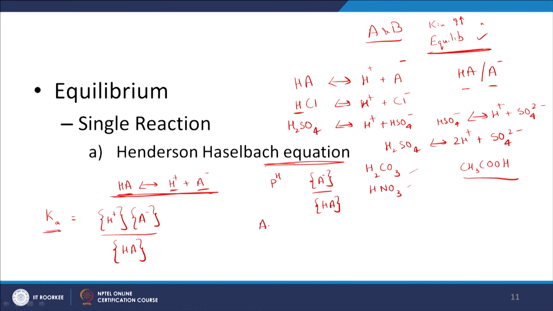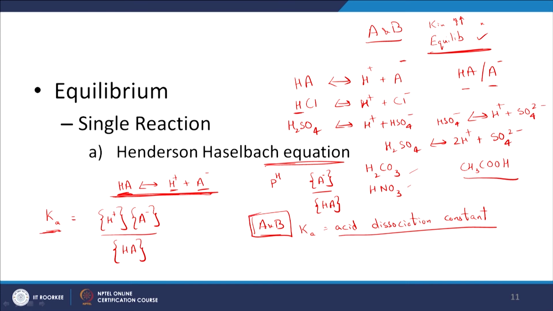But for acid and base reactions, we typically call the equilibrium constant the acid dissociation constant. So, you see that the acid is dissociating into H plus and A minus, so the relevant equilibrium constant is called the acid dissociation constant, and that is a term we are going to use with respect to our acid and base systems, right.